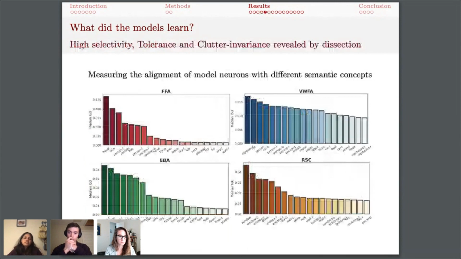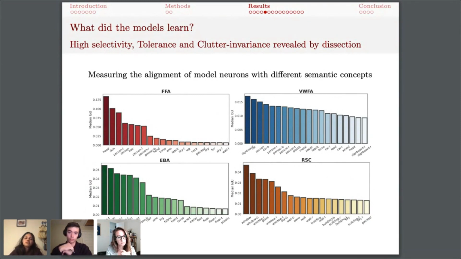And so we first looked at the top 20 visual concepts that are rank ordered by the median IOU metric across all voxels within each ROI. And we find that the top concepts that are discovered for each of these ROIs align remarkably well with the known domain specificity of voxels in these regions.